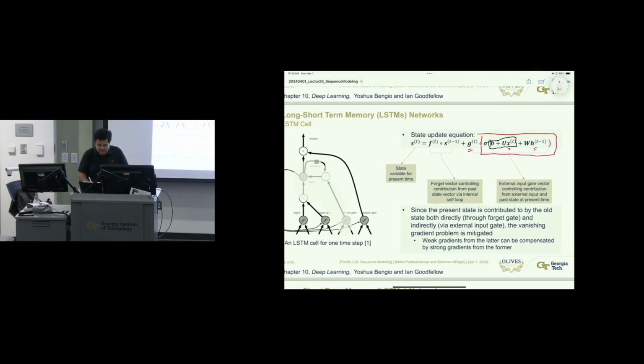Then there is a forget gate as well, where basically it's controlling the contribution from past state vectors, S of T minus 1, and of course S of T is your current state, and it could be an S of T plus 1, it will be controlled by this F of T, which is your forget gate.